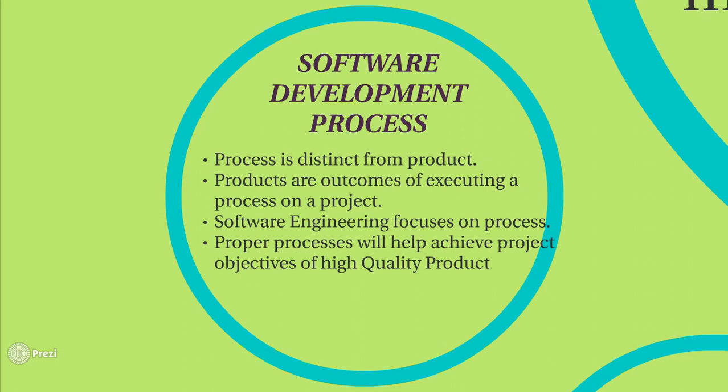So whatever processes we apply, our product's quality will be decided based on that. The whole software engineering process focuses on the process, and proper processes will help achieve the project objective of a high quality product. If we want to get a high quality product, we must apply proper processes.